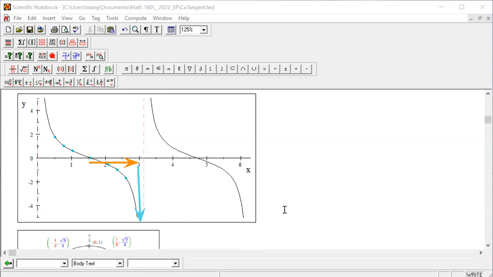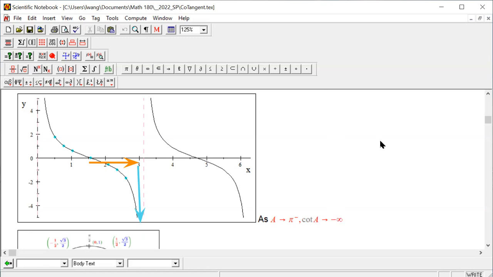So let's write it down. As the angle approaches pi from smaller than pi, cotangent of the angle is going to approach negative infinity.